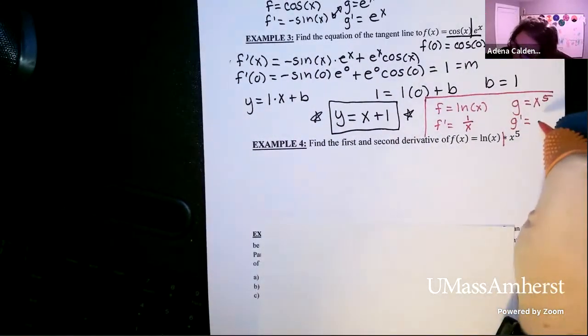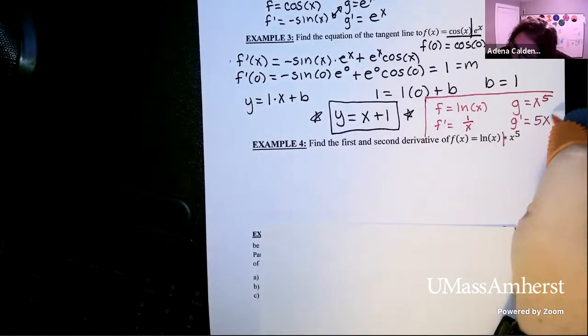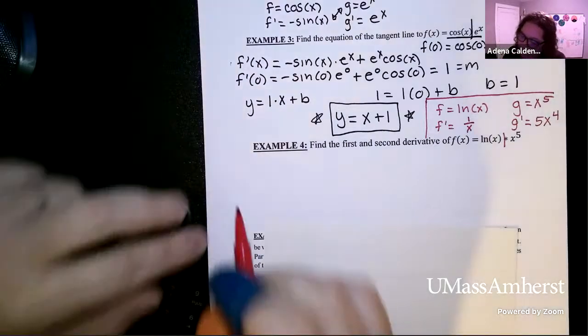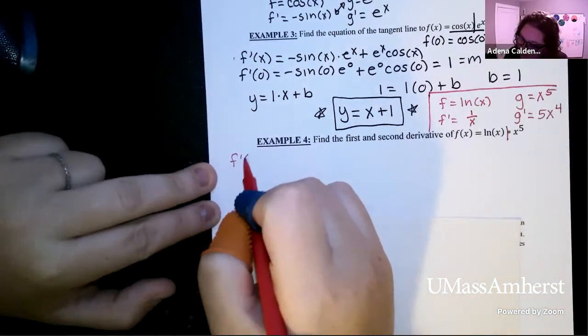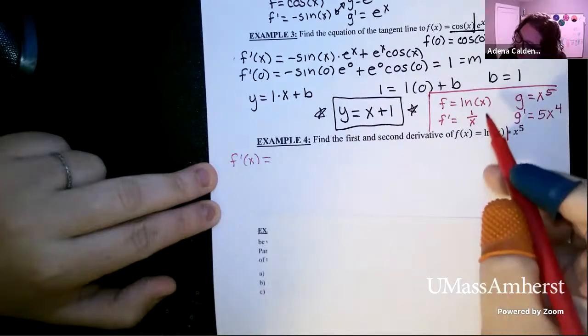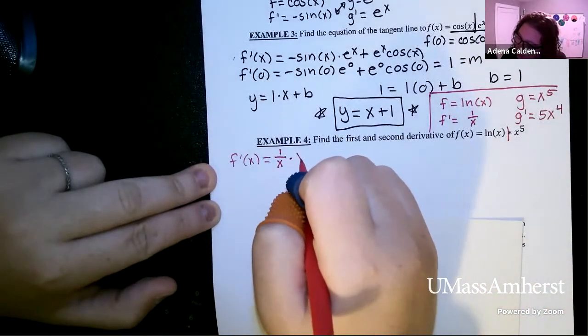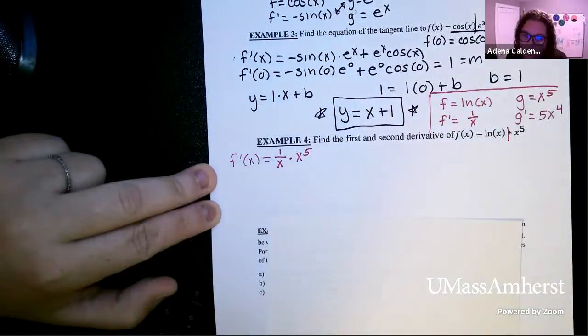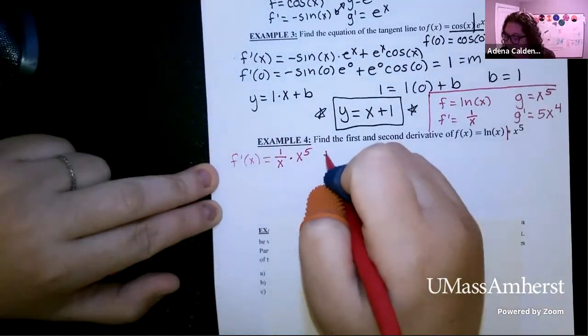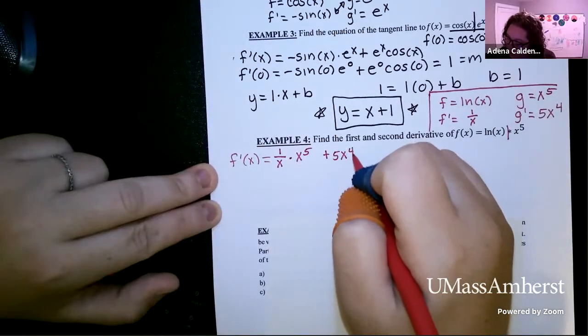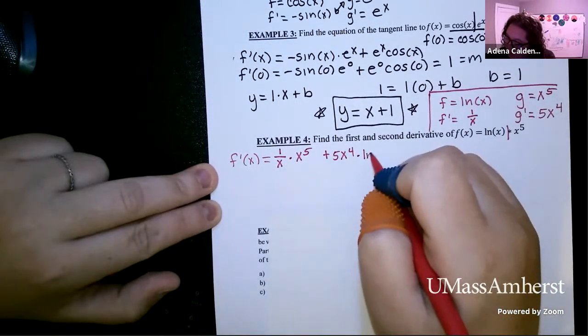The derivative of x to the 5th is 5x to the 4th. So now my first derivative here, f prime times g, so I have 1 over x times x to the 5th, plus g prime times f, so 5x to the 4th times the natural log of x.